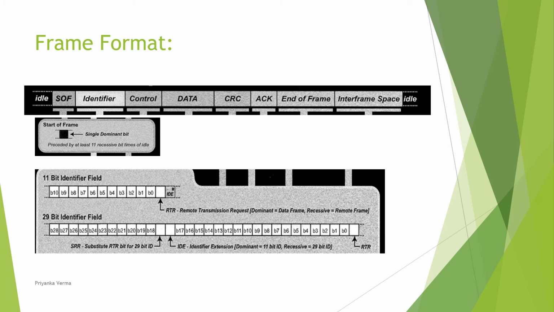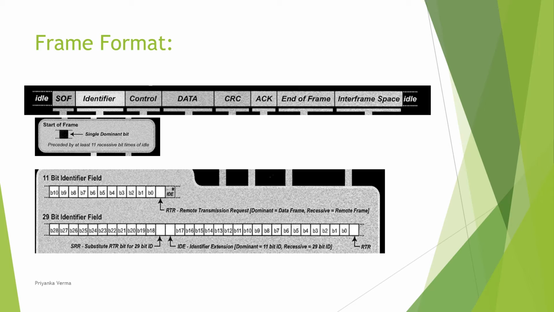Next we have the base frame format. Firstly, there will be an idle state check, preceded by at least 11 recessive bits, which means 11 times 1. Then if the bus is idle, comes the start of frame, which is a single dominant bit.